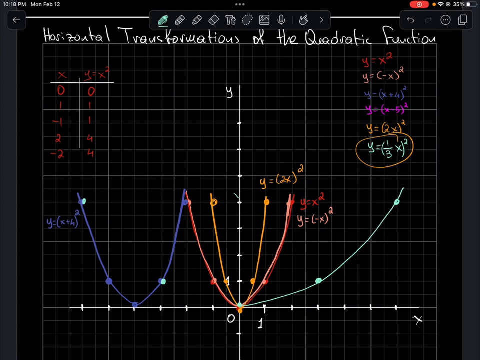And then the last point, the other branch. Okay, and this is the graph of y equals (1/3 x) squared. Okay, that is it.